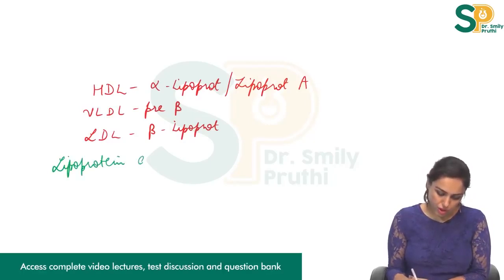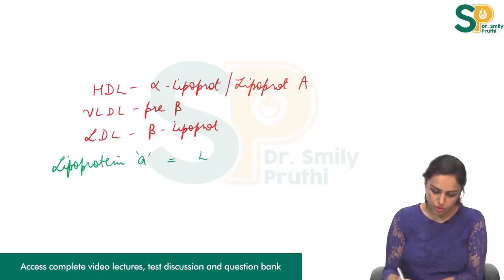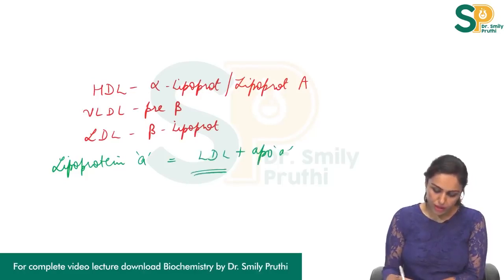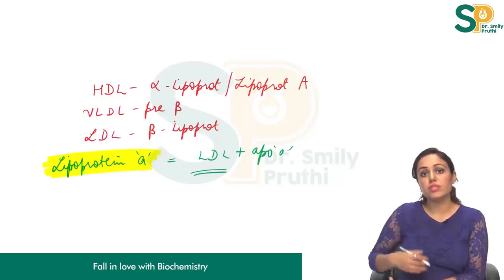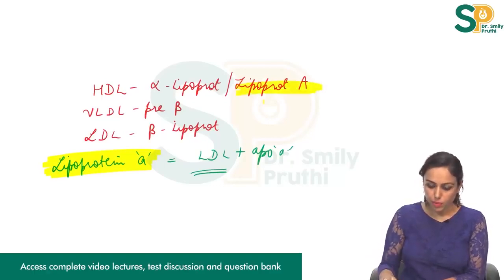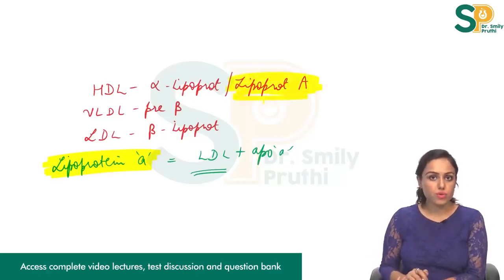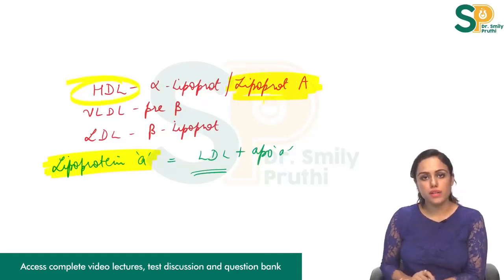Capital A is HDL. Lipoprotein small a is equal to LDL plus Apo small a. Now, LDL will cause atherosclerosis. So, I can say that lipoprotein small a will cause atherosclerosis because it contains LDL. But lipoprotein capital A will prevent atherosclerosis because it is nothing but HDL, right?